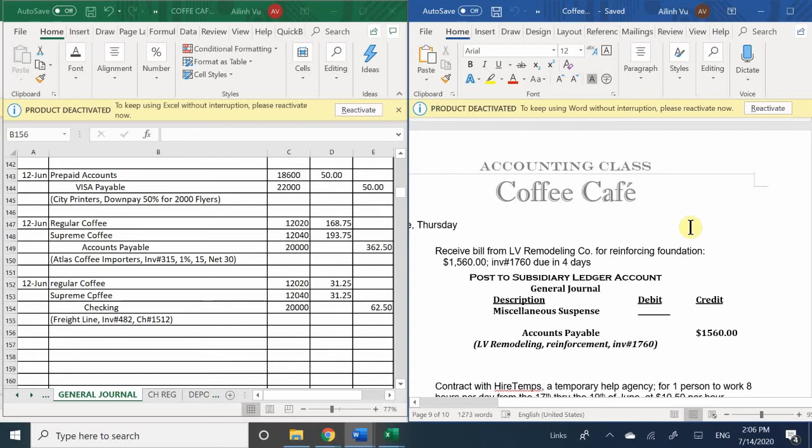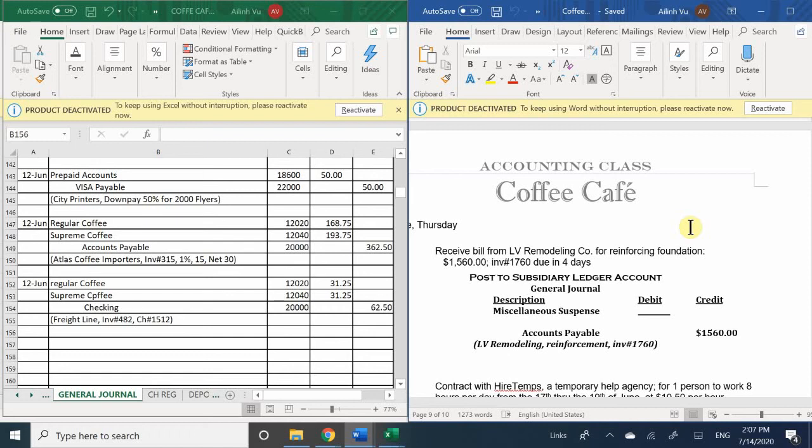Our coffee grinder is currently in the miscellaneous suspense. Because it's not completely done yet, I'm still going to just leave it in miscellaneous suspense. Because this work is going towards the total cost of getting the asset ready for service, I'm going to go ahead and dedicate this $15.60 and contribute it to the total cost of my fixed asset.